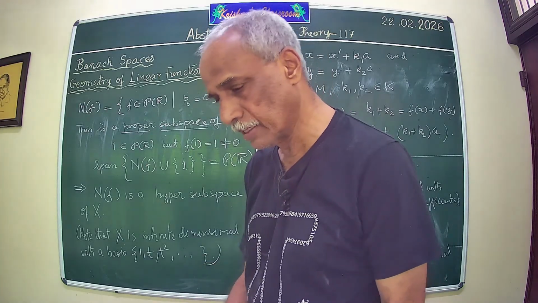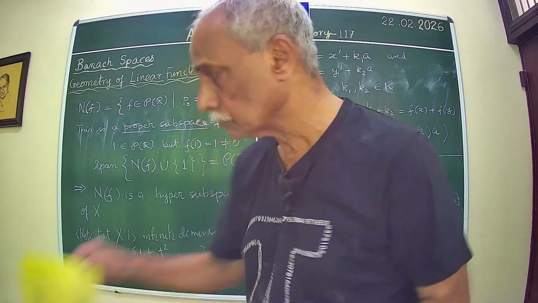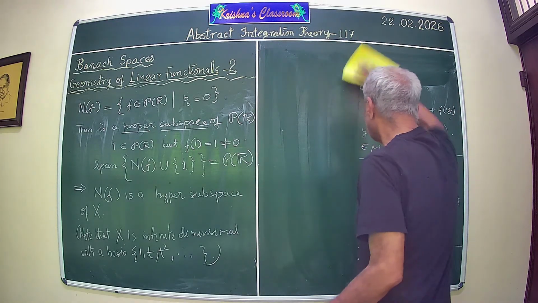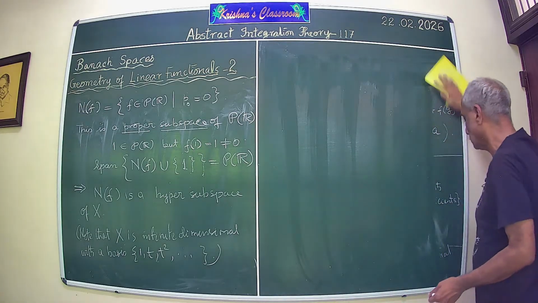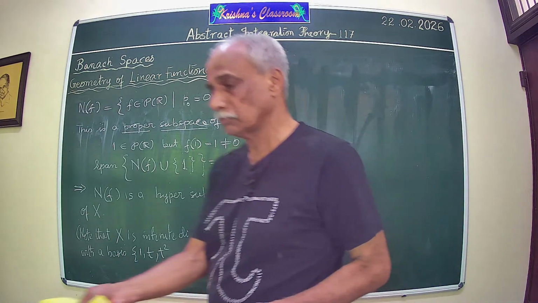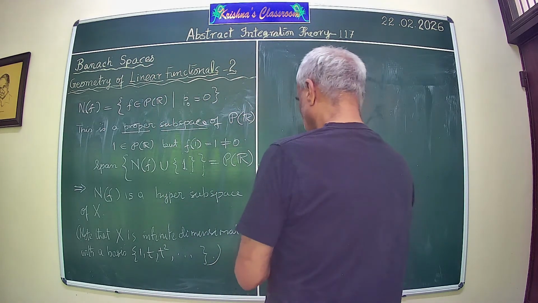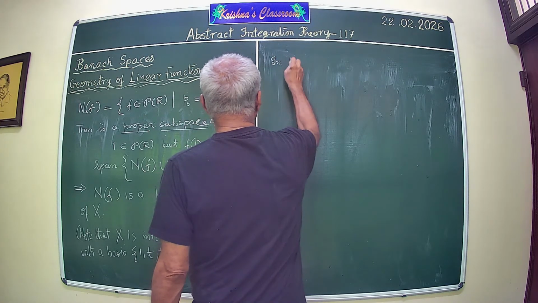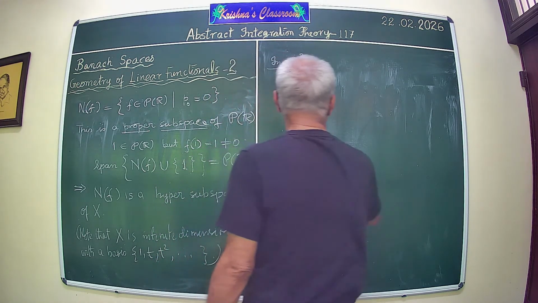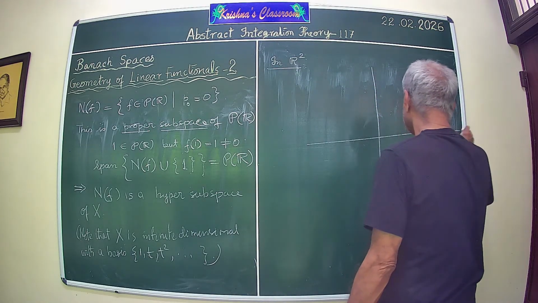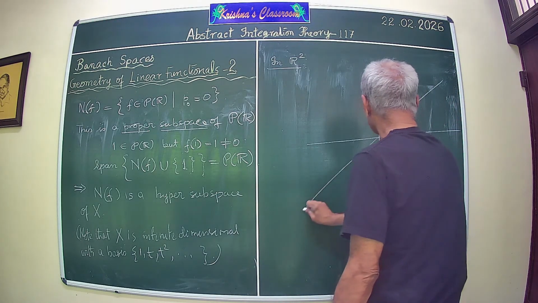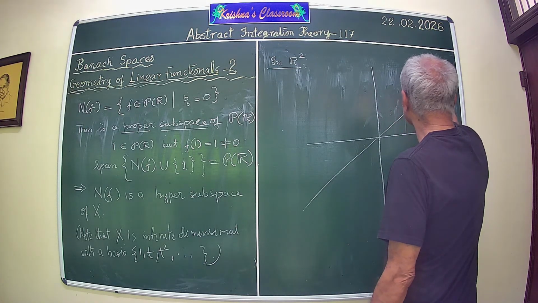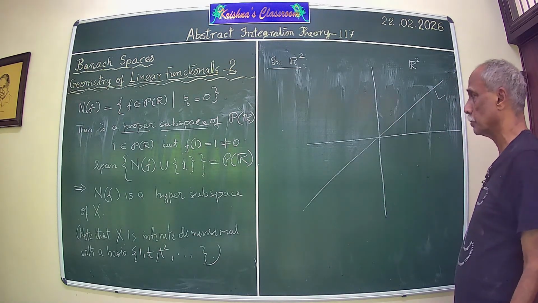I want to make one more remark. Suppose you take the geometry of R2, and this is the null space. This is the null space L, a given subspace.